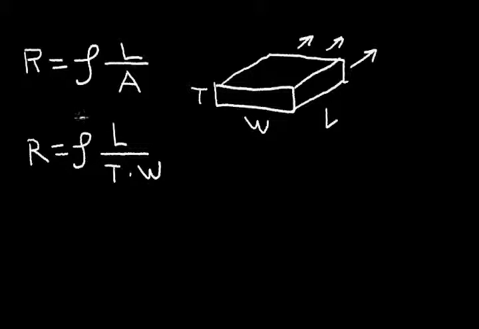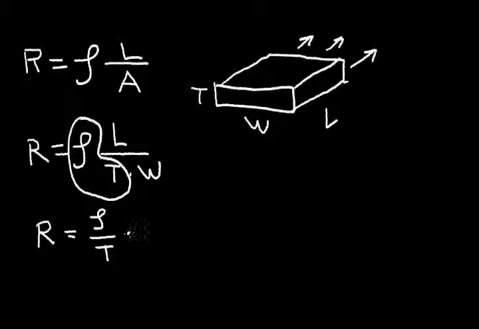If I take these two terms here, the resistivity and the thickness, I can rewrite this equation. R equals resistivity divided by the thickness of this sheet times the length divided by the width of this resistor.